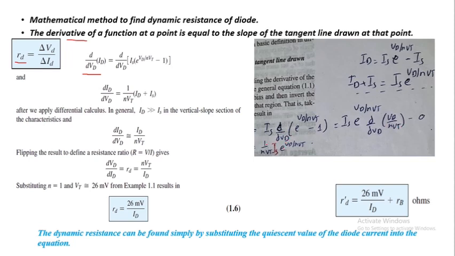This will give us 1 over nVT, which we get from this factor, and Is e power VD over nVT.